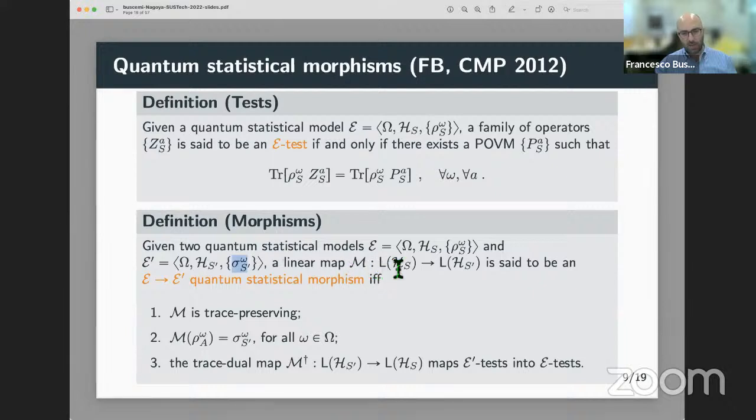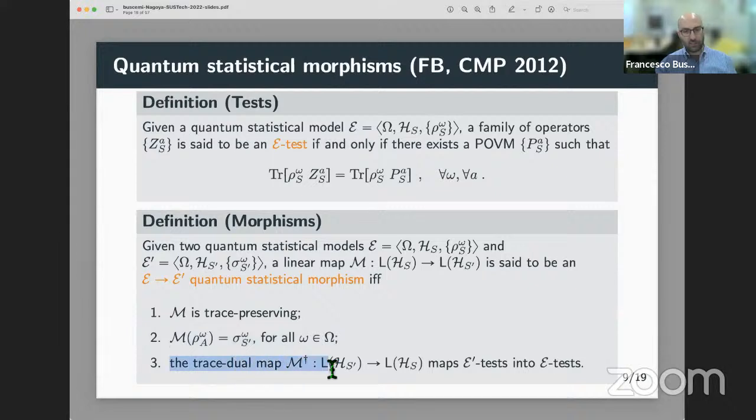And then a linear map from operators on HS to operators on HS dash is said to be an E to E prime quantum statistical morphism if and only if first M is trace preserving as a linear map everywhere. Then if and only if M is able to transform all rho omega into the corresponding sigma omega.